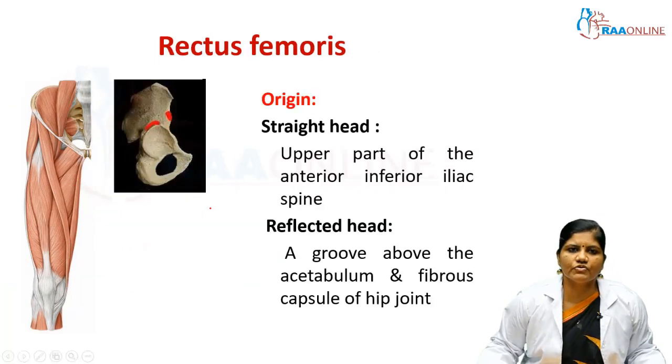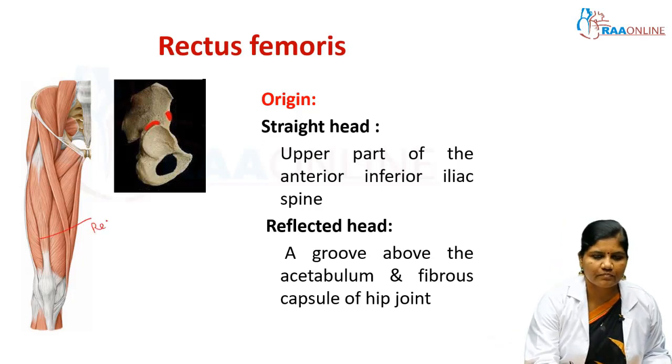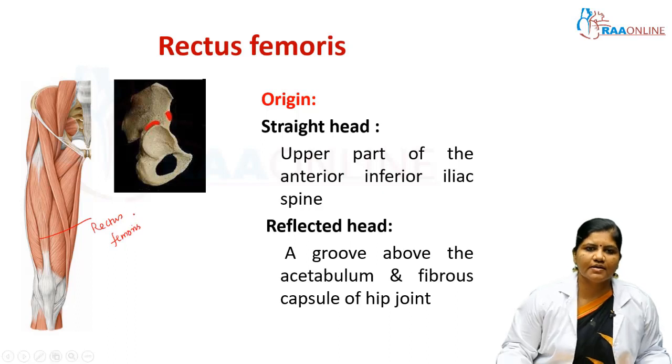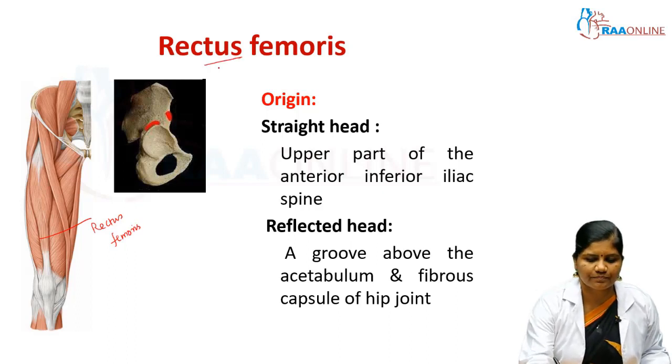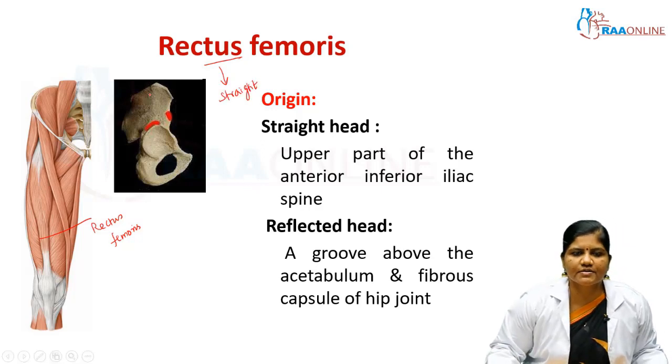Let's see the origin of each muscle. First see the rectus femoris. Rectus means straight, so this is the straight muscle present in the front of thigh. It has two heads, a straight head and a reflected head.